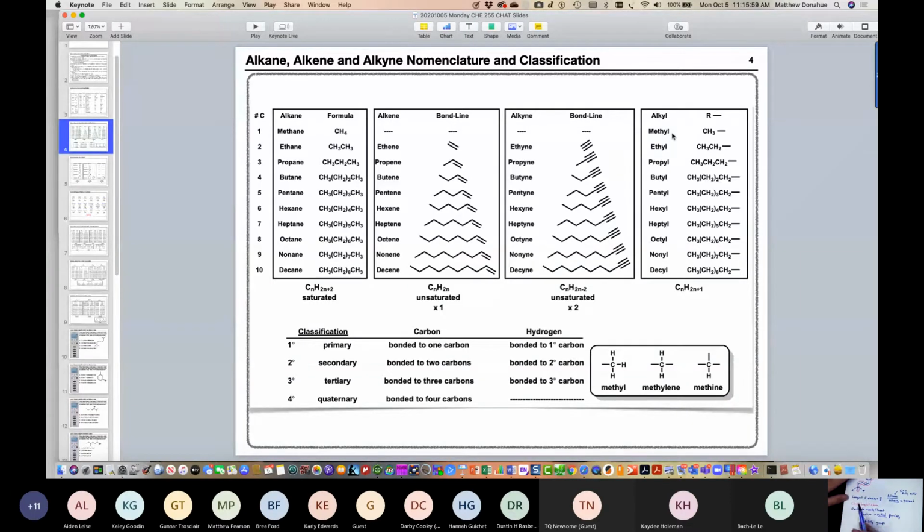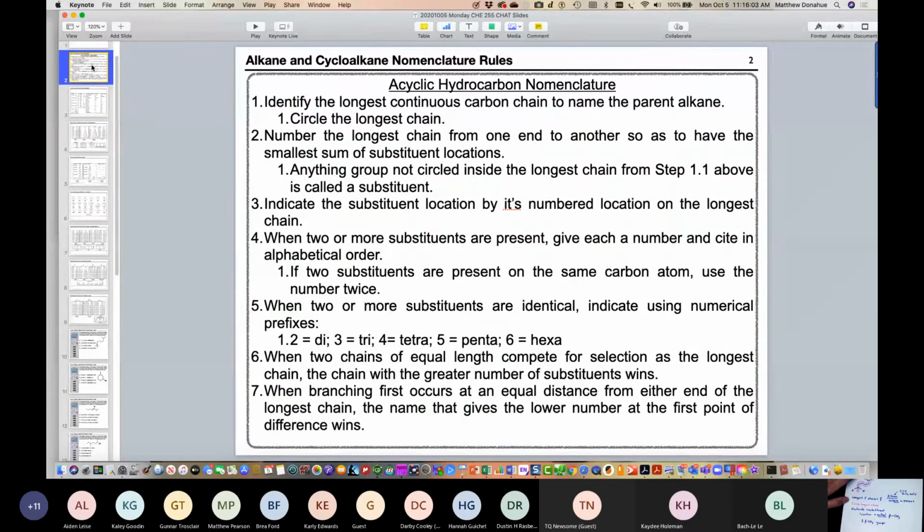So if we're going by these rules here, we're on step 3 where it says indicate the substituent location by its numbered location on the longest chain. So this is where we circled the longest chain, right?